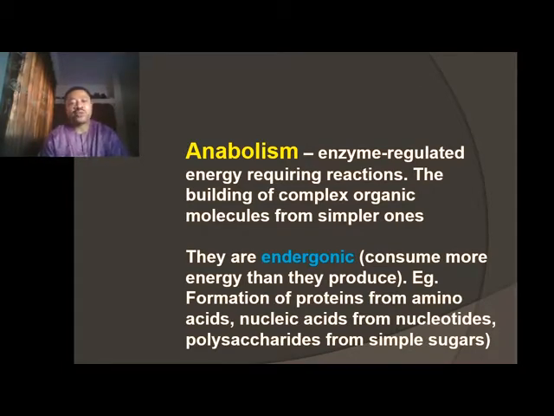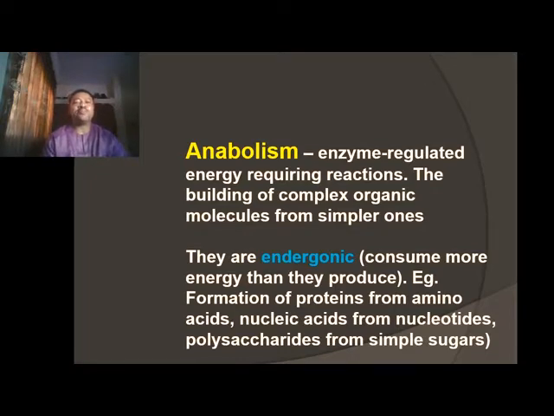The second type of metabolic reaction that we can come across is anabolism, or anabolic reactions. Any enzyme-regulated reaction requiring energy is anabolic in nature. When complex organic molecules are built from their constituents, this constitutes anabolism.